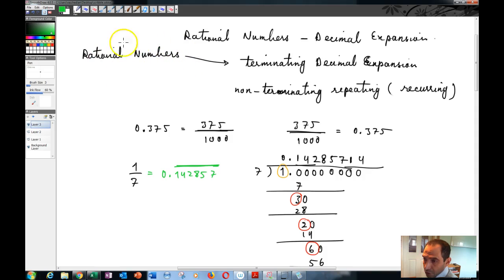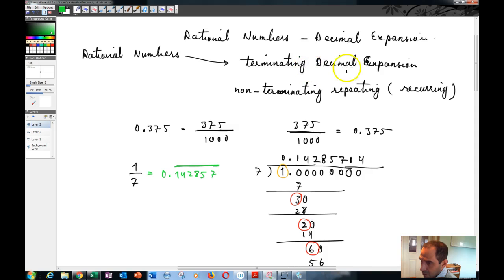So again, a rational number, whatever that might be, can have two types of decimal representations. One type is that it can be terminating. For example, 375 over 1000 is going to be 0.375, and it terminates.